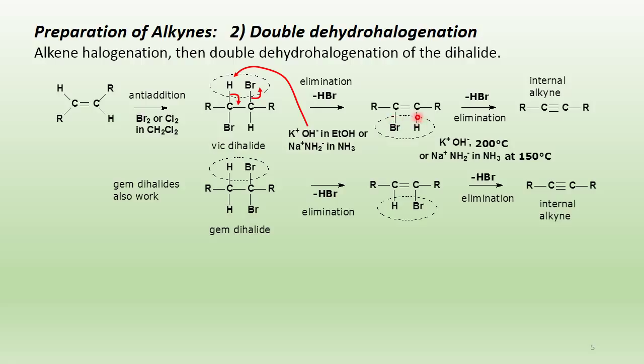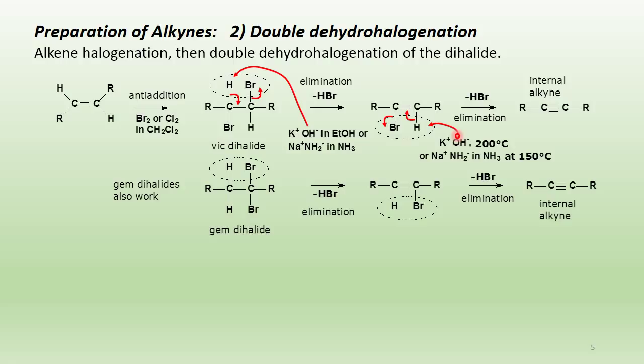But this alkene still has a hydrogen and halide on the alpha and beta carbons. So a second elimination can take place using another equivalent of KOH, but notice the second elimination is much harder to do. It requires a high temperature, 200 degrees C, to remove the second molecule of HBr, producing the alkyne.